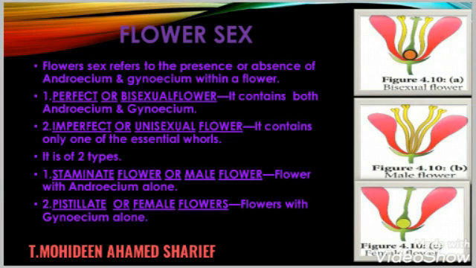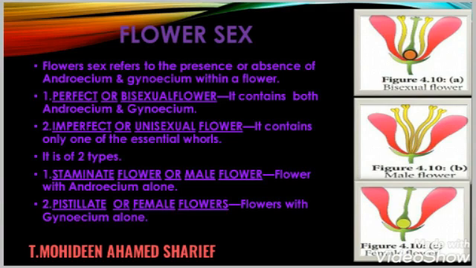Second, imperfect or unisexual. When the flower contains only one of the essential whorls, it is called an imperfect flower. It is of two types: staminate flowers, which have only androecium, and pistillate flowers, which have only gynoecium.